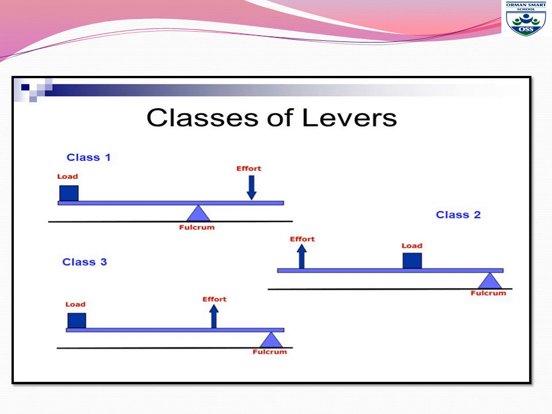Second class lever is the lever which has resistance force as the midpoint between fulcrum and effort force. 3. Third class lever is the lever which has the effort force as the midpoint between fulcrum and resistance force.